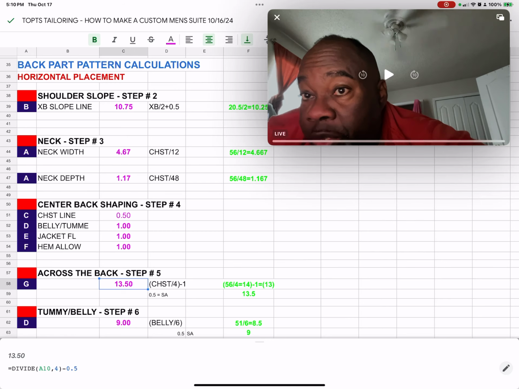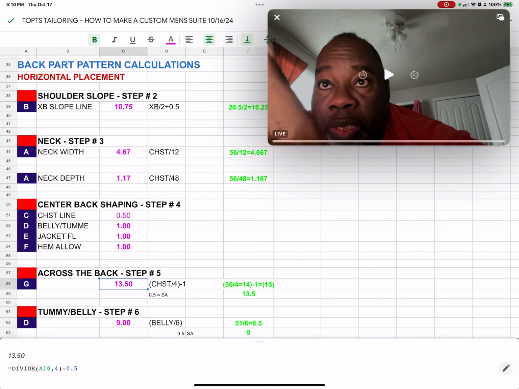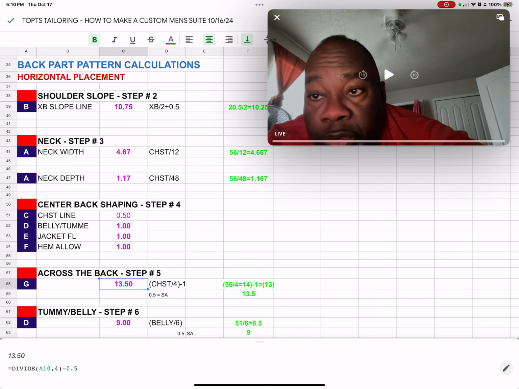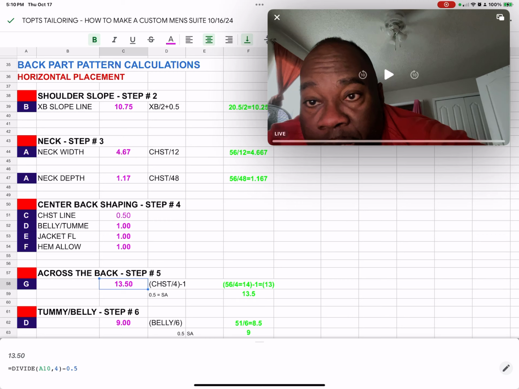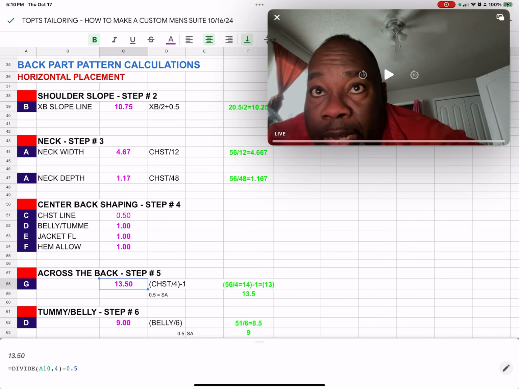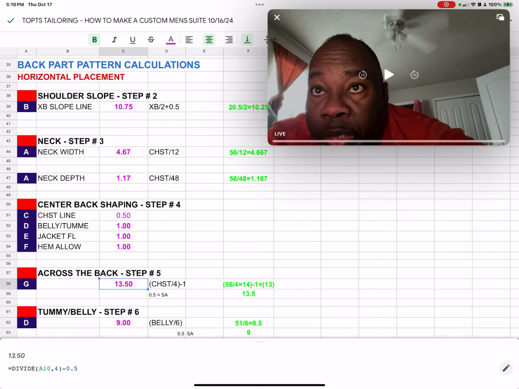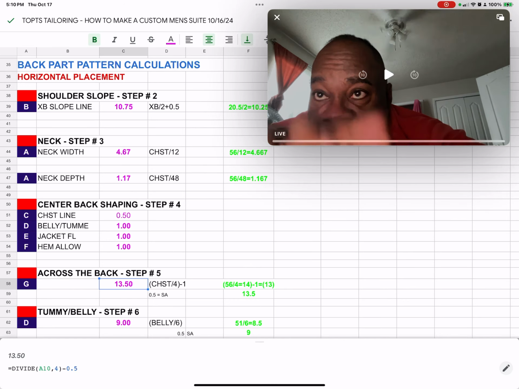I'm using your numbers and doing the proper calculations, and my across the back comes out to be 13.5, and my shoulder slope comes out to be 10.75, using my numbers and your calculations.